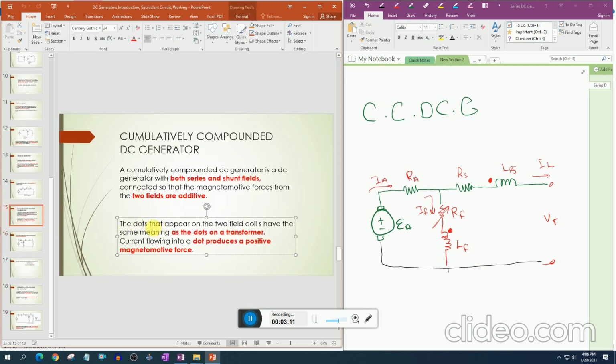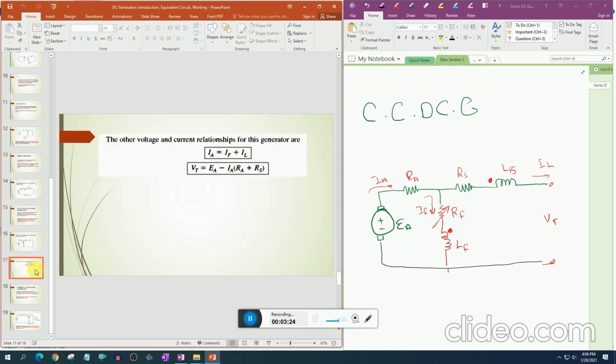The dots that appear on the two field coils have the same meaning as the dots on a transformer. Current flowing into a dot produces a positive magnetomotive force as discussed here.